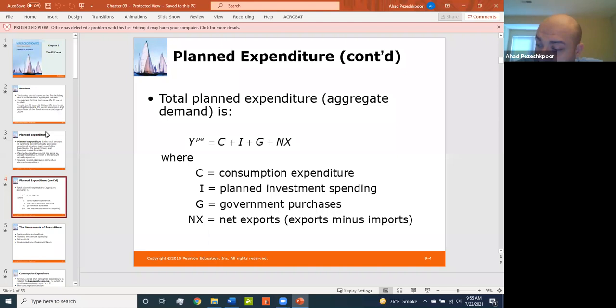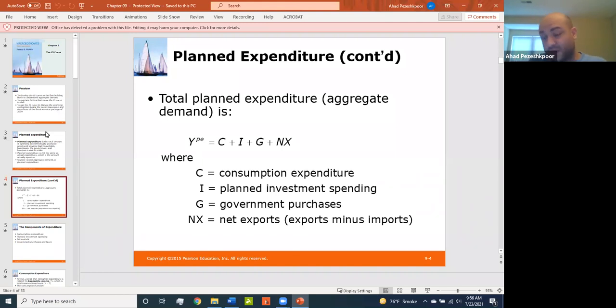So the economy will produce equally to what we expect people to buy. If I'm a restaurant owner and I'm expecting 10 customers today, I will buy enough raw materials, enough beef and pork and chicken and rice and all the stuff that you need for cooking to feed 10 customers.